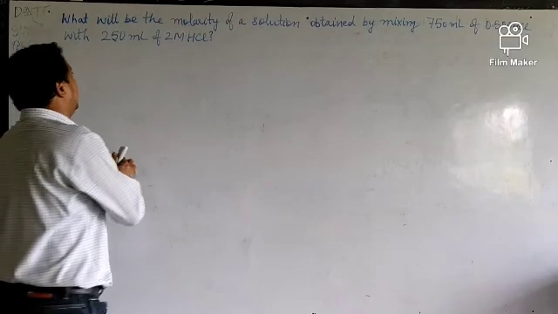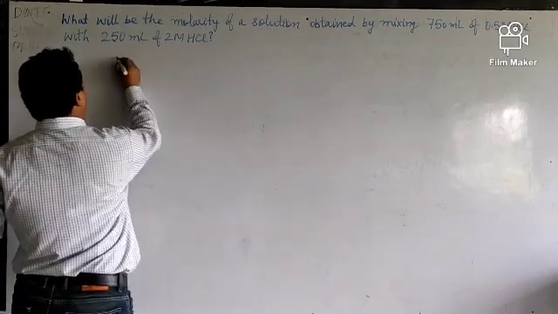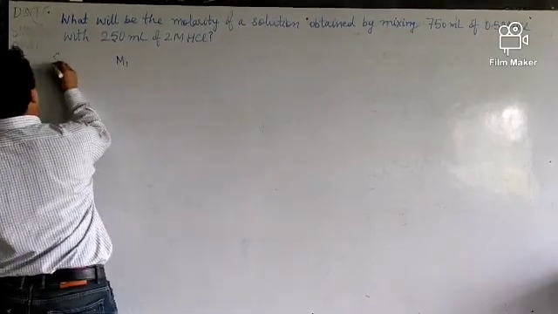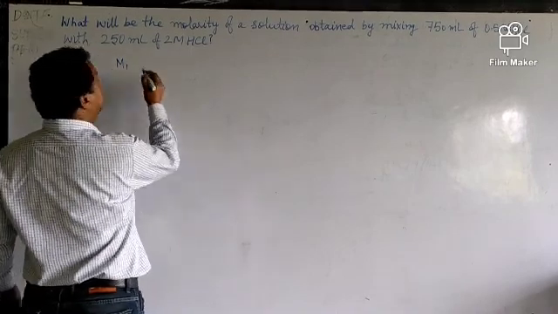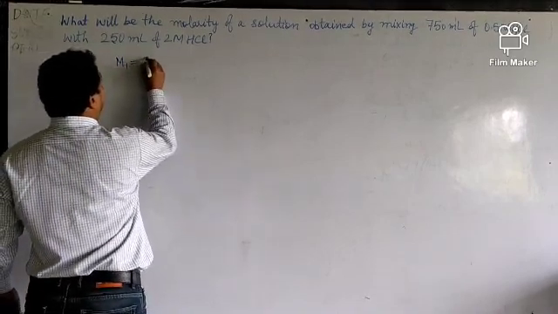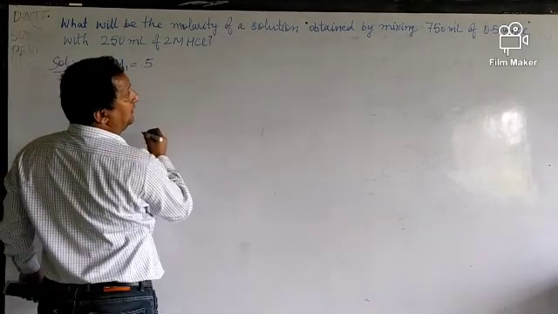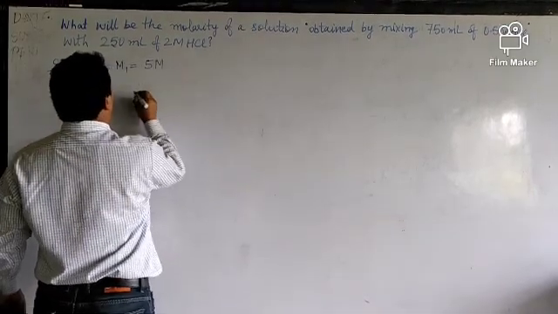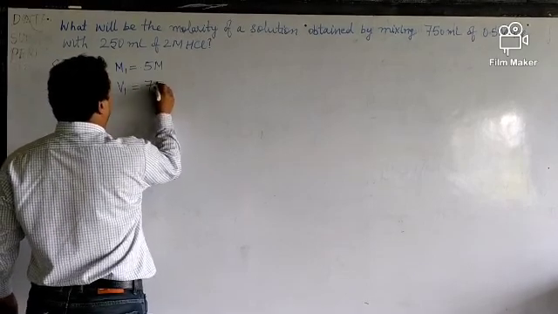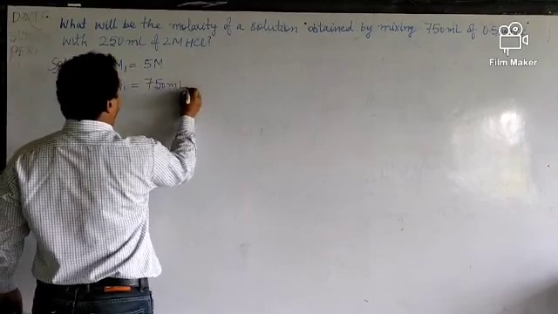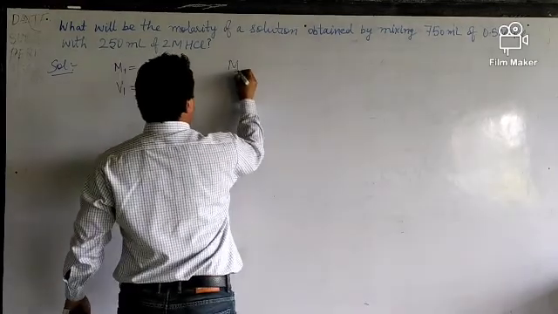So what is here? Here M1 is 0.5 molar. What is V1? V1 is equal to 750 milliliter. Okay. What is M2?